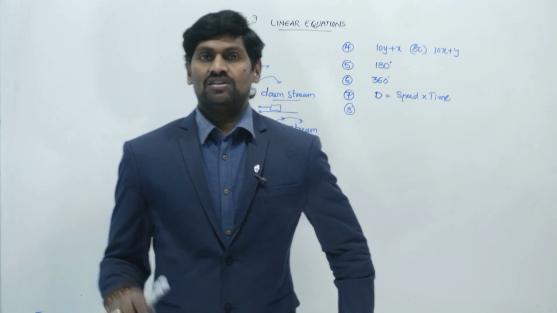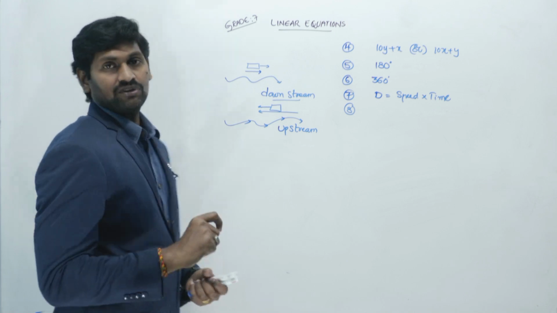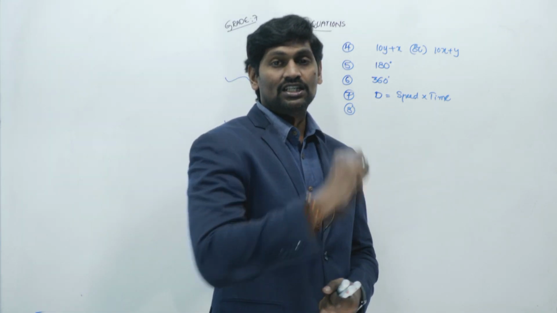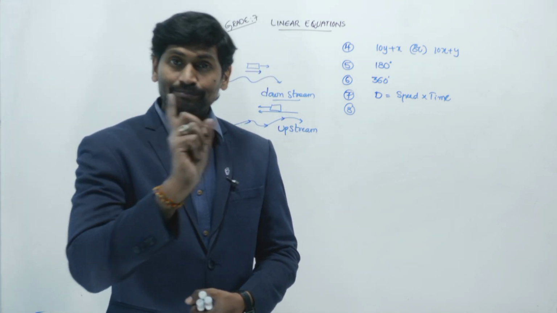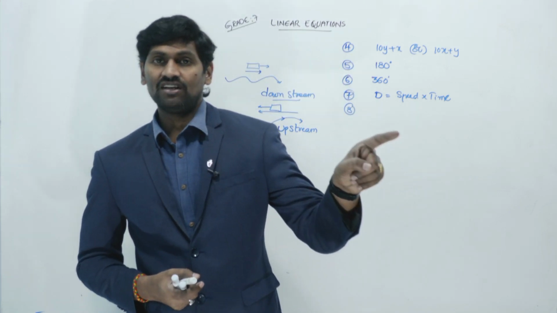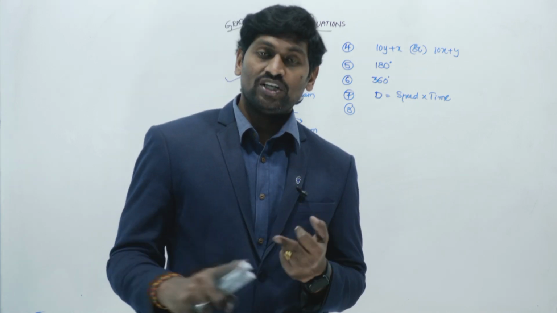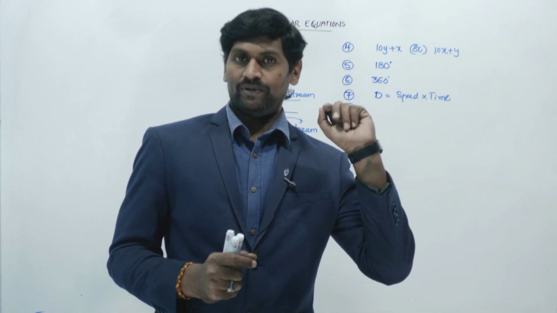So in that scenario, two speeds are working. One is the boat speed, and the second is the water speed, also called stream speed or current speed. Boat speed is separate.